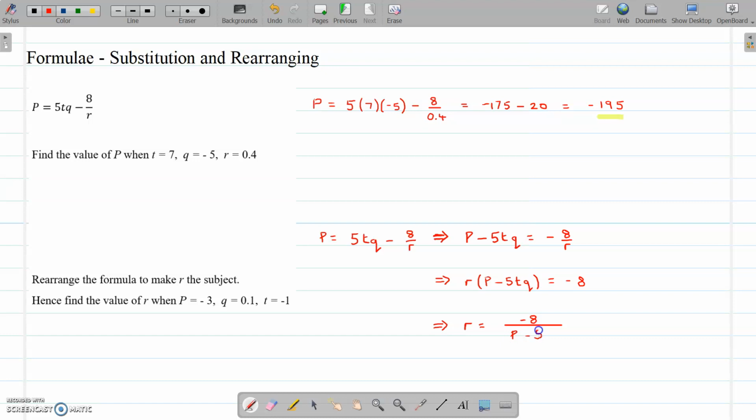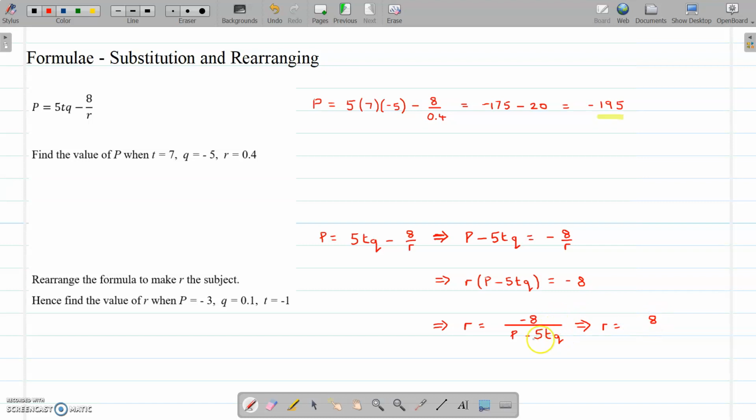Okay, now I'm just going to do one more step to this, and it's usually better to simplify this as far as possible. What I'm going to do is multiply the numerator and denominator by -1, because it's a fraction. The reason I'm doing that is it will clear the minus sign in front of the 8. Okay, and it will give me that r equals 8 on the top.